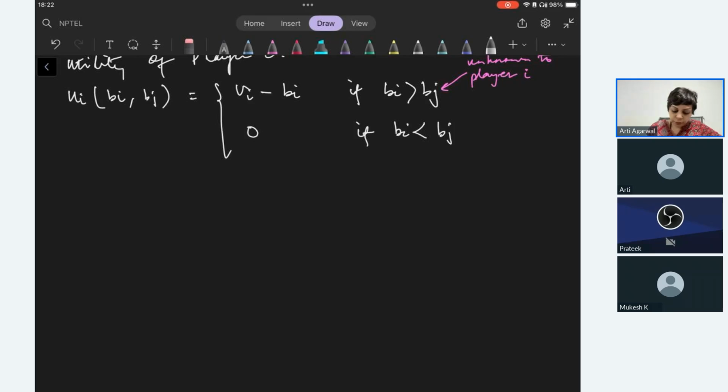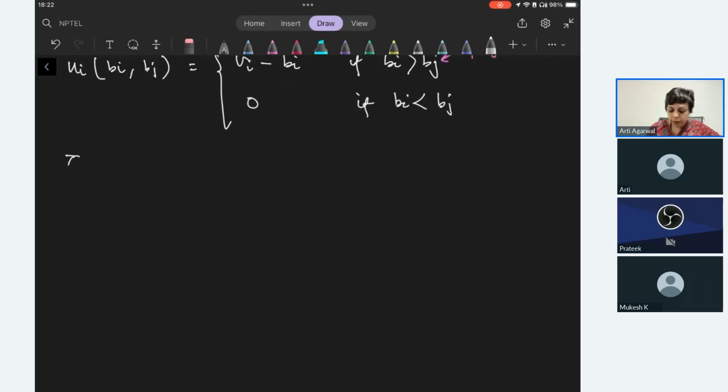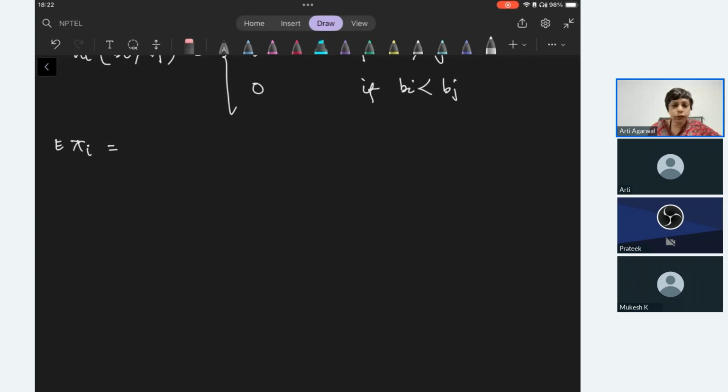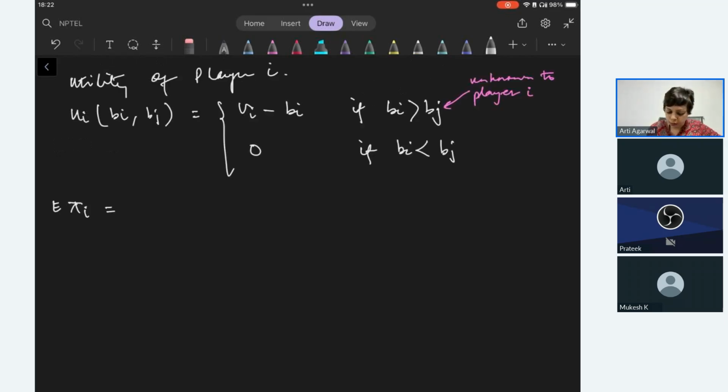Now, if I have to write the expected payoff of player i, it will be what? The payoff when you win, which is Vi minus Bi, times the probability of win, plus what you get when you lose times the probability of not winning.